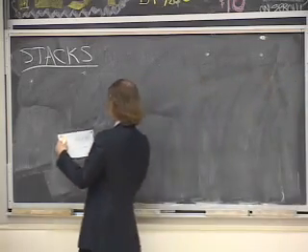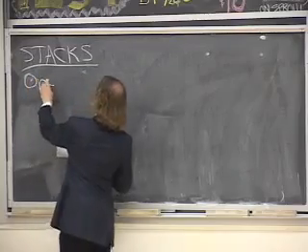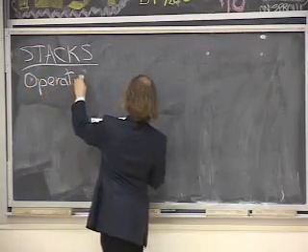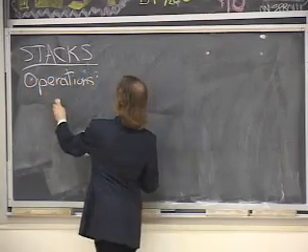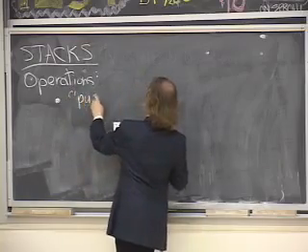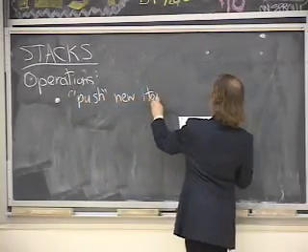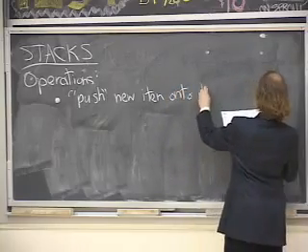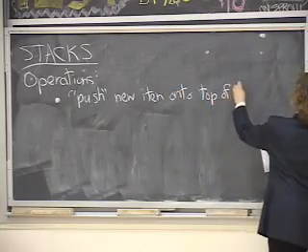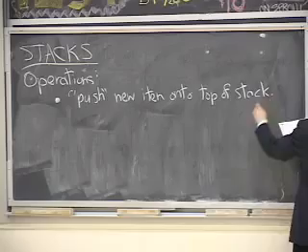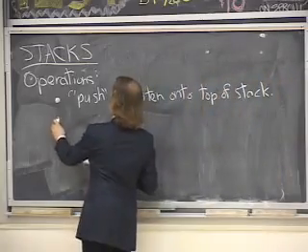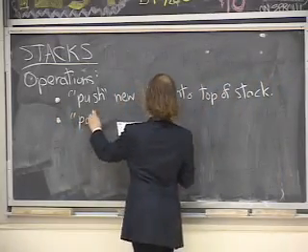A stack is a crippled list, and it has 3 main operations. You may push a new item onto the top of the stack. You may pop an item off the top of a stack.